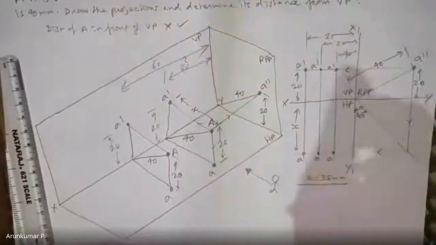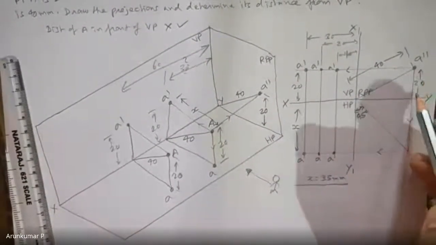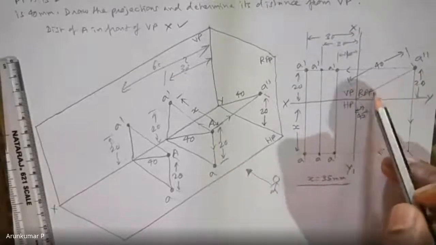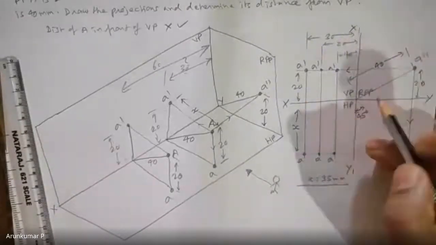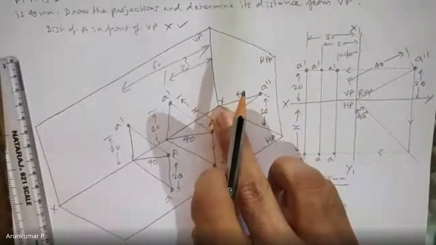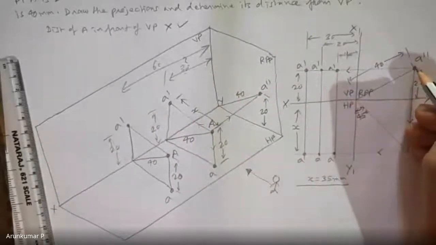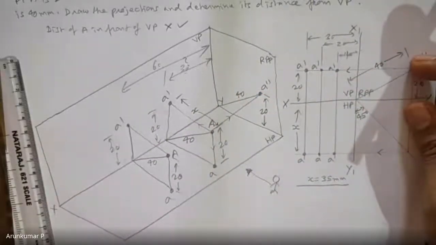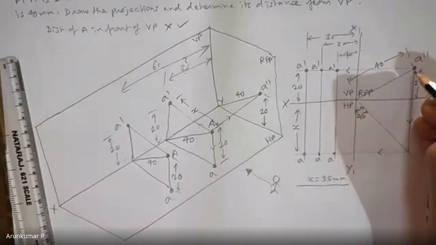Yeah. So, as I was saying, the shortest distance involves the distance from the intersection of VP and HP, that is the XY line, to the point. So you have to start with the side view, 20 mm above, and at the shortest distance intersect to get the side view.